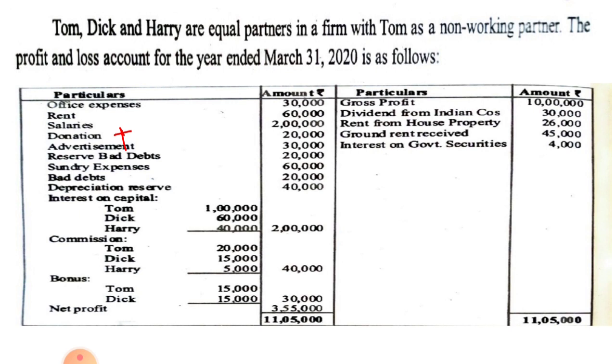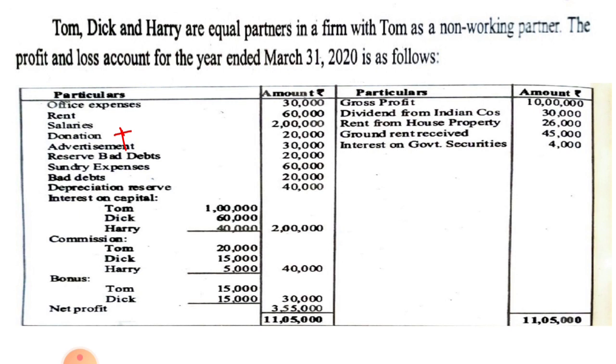Here rent from house property is income from house property, and other three things are income from other sources. These four items are not relating to your business income, so you have to deduct all these four items from the net profit to get your book profit.